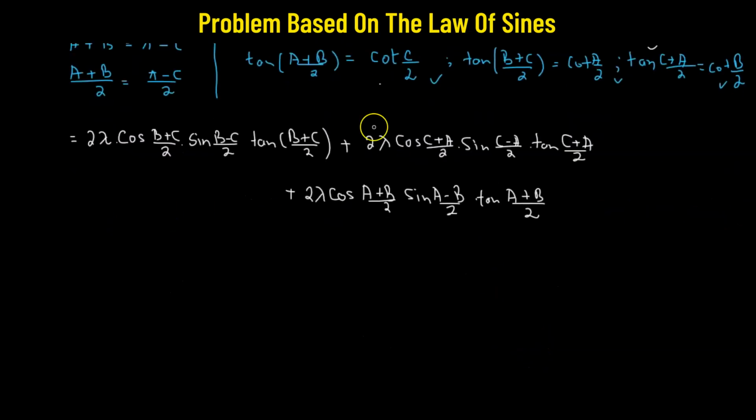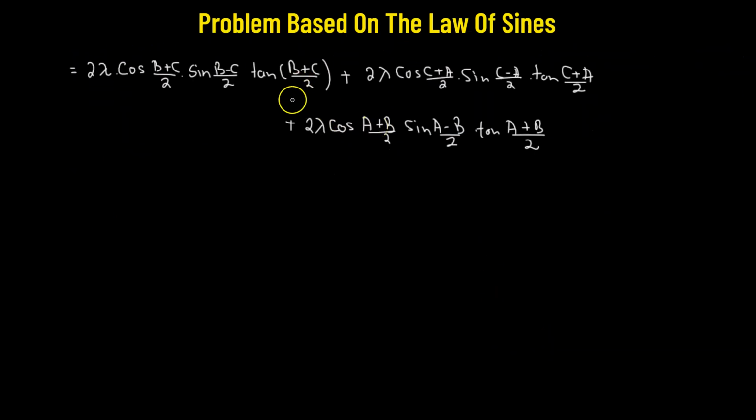Fine, let's further simplify. Now, tangent of B plus C over 2 multiplied by cosine of B plus C over 2, this product will be simply the sine function. So we have 2 times lambda multiplied by sine of B plus C over 2 multiplied by sine of B minus C over 2, plus 2 times lambda.